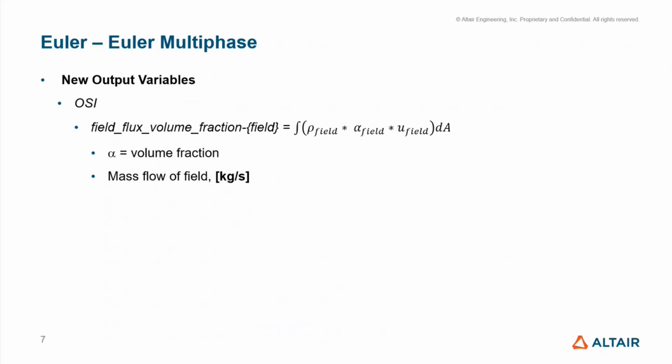Now, with this new feature, we include the field flux volume fraction quantity for each field. And when integrated on a surface, this is basically a fancy name for mass flux of that particular field.